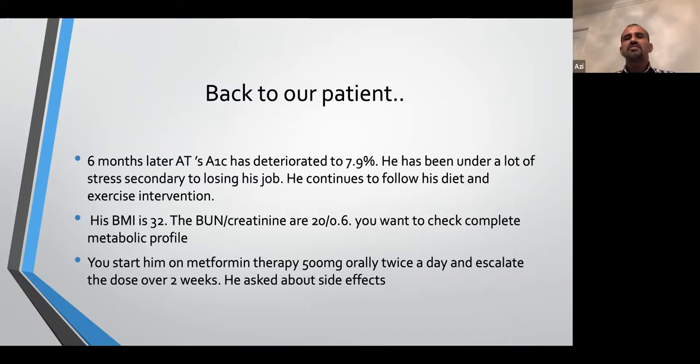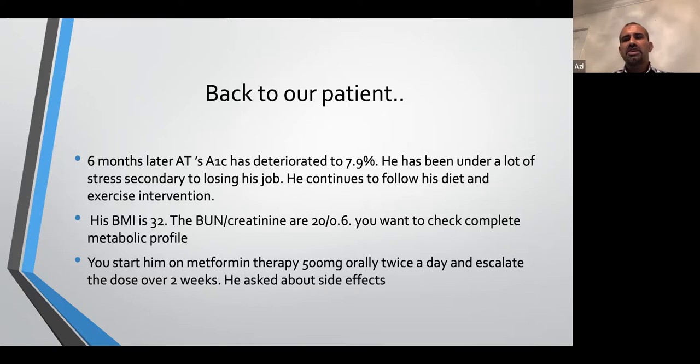Okay, 6 months later, our patient comes back. We do A1C, it's 7.9. He's under a lot of stress, lost his job, however, he says that he's following his diet and doing exercise. BMI is 32. BUN creatinine is 28.6. And we do a complete metabolic profile.